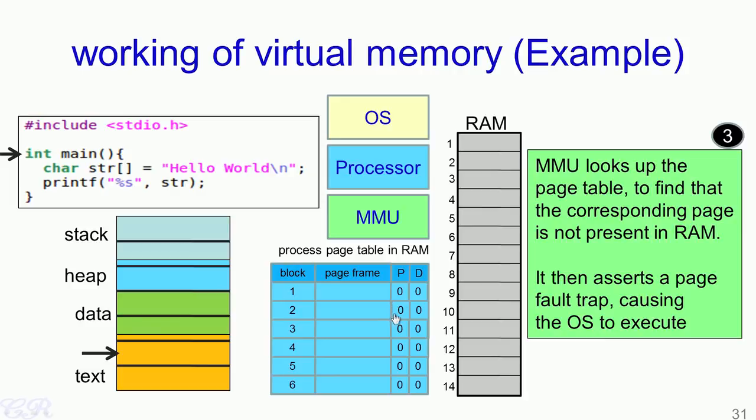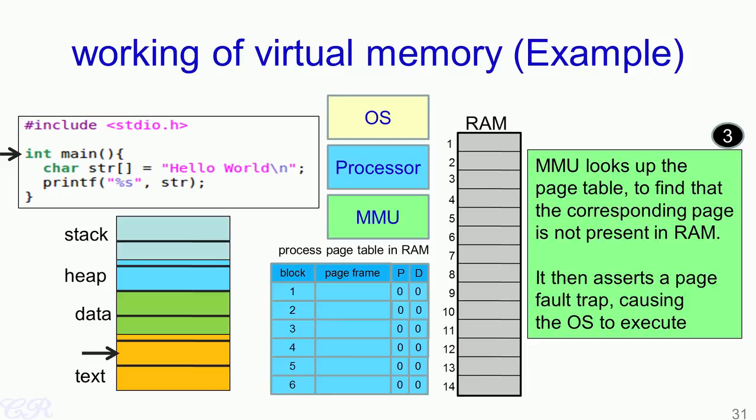This is determined by a 0 in the present bit. As a result, the MMU is going to cause a page fault to occur.